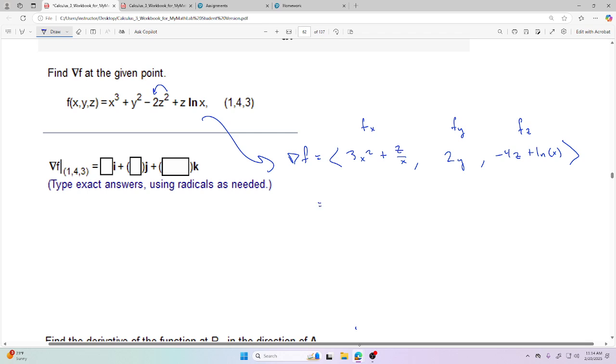So let's do some of this, I guess. I'm going to plug it in. So this would be grad f at p. I'm going to label that one p. And it's still a vector.